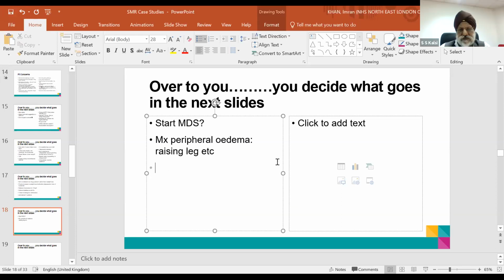And then also she's sedentary, so the blood circulation will be poor because there's no muscle activity or constrictive activity.